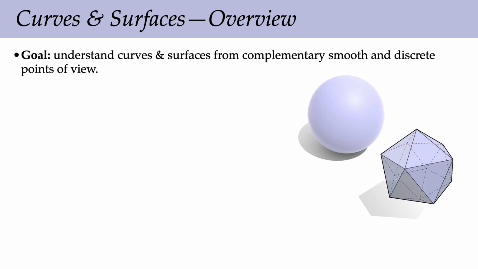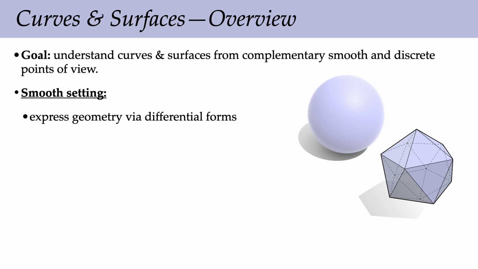Our goal, ultimately, is to understand curves and surfaces from two complementary viewpoints, the smooth and the discrete. In the smooth setting, we are going to express our geometry in terms of differential forms, and we will think about this in terms of vector-valued differential forms. So remember, we generalized our whole long discussion of scalar differential forms into vector differential forms in this recent note.